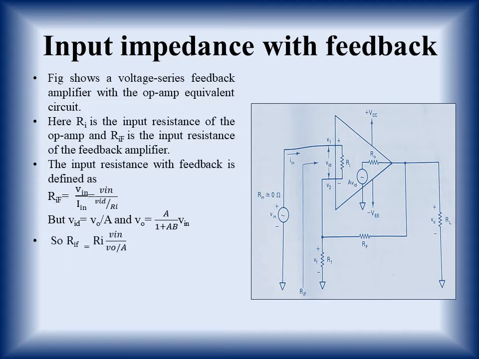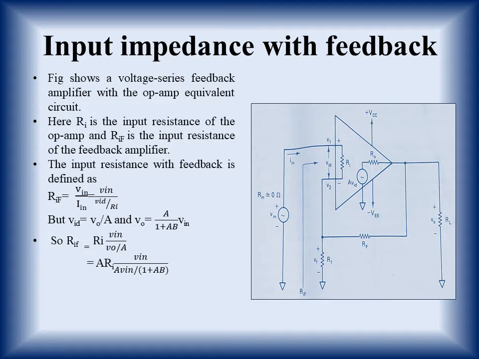Now putting all these values in the above equation, what we will get? First of all, we will put the value of VID. So when VID is placed, the equation becomes RIF is equal to RI, again RI jumps to the numerator position, VIN upon VO upon A. Putting the value of VO, we finally get this equation.